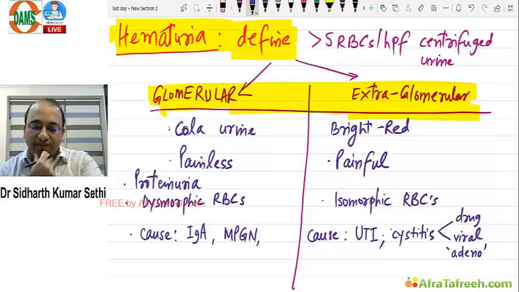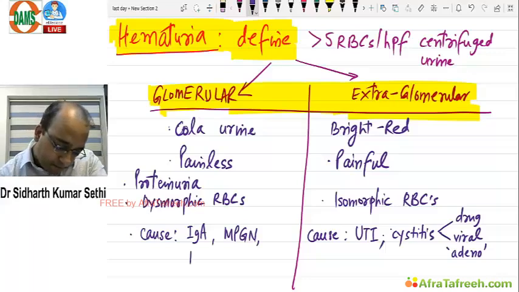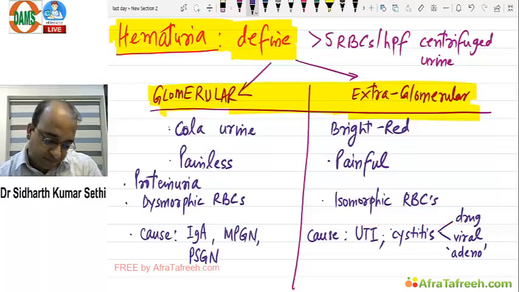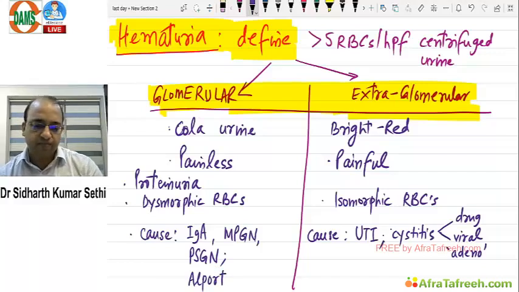Post-streptococcal glomerulonephritis. And then there can be some syndromes like Alport syndrome. Okay, can we go to the next page, students?